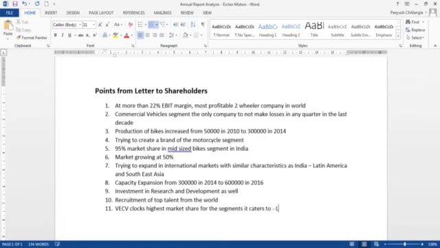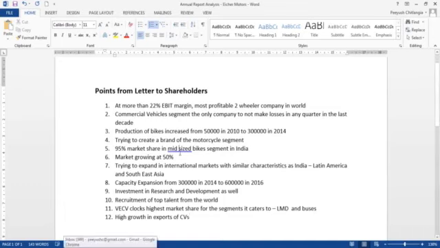What are these segments? LMD, light and medium duty vehicles, and buses, right? High growth in exports of commercial vehicles, right? And long-term strategy in place, which is typically what most companies would say. So I'll not put that down as a point here.